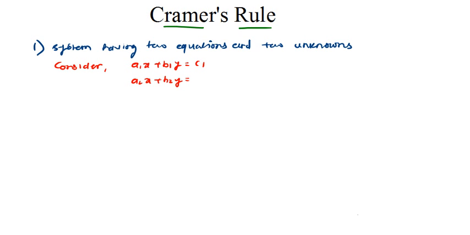Instead of c1 and c2, I will take d1 and d2. So this system contains two equations and two unknowns. We need to solve this system, meaning to find the values for x and y.